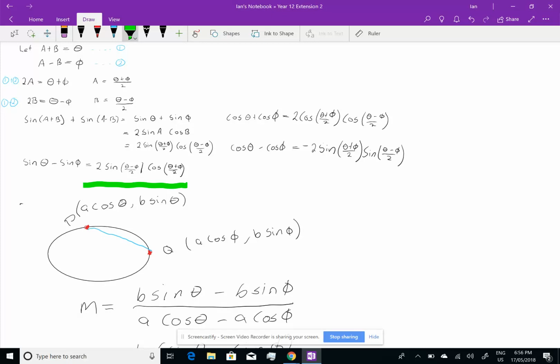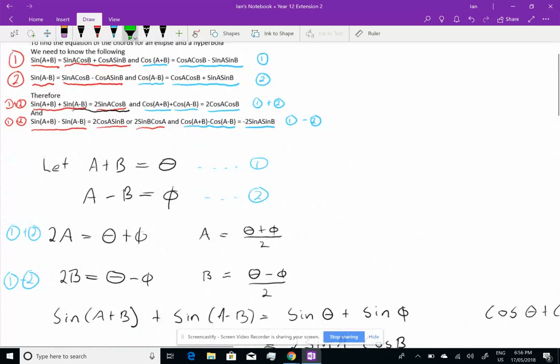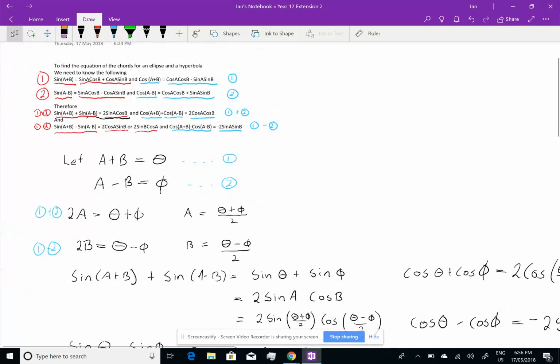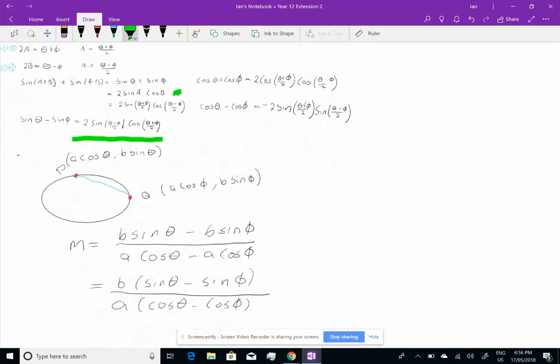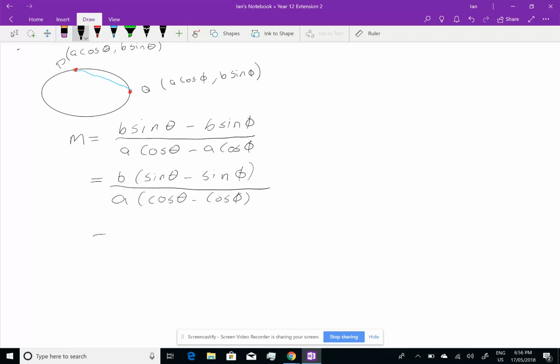We want to use here. Sine theta minus sine phi. Here, we want to use this. Which is going to be easier. So we're going to get b on a.